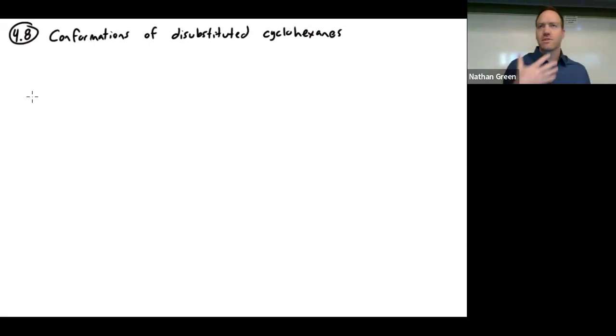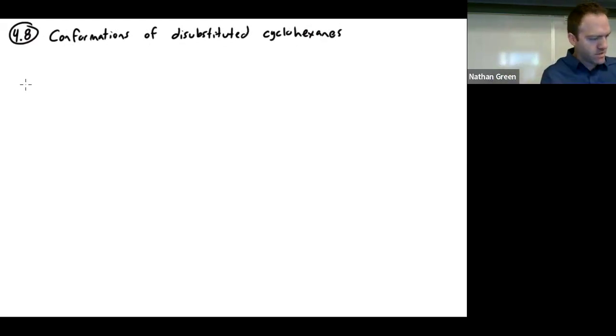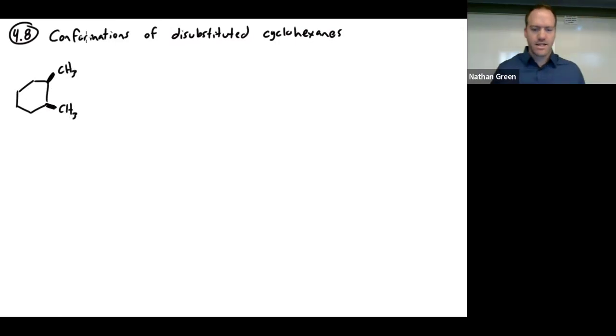What I'm going to do each time is draw for you the top-down version so that we can map it out onto the chair forms. I would give you the top-down version like this. Let's say here is a cyclohexane.